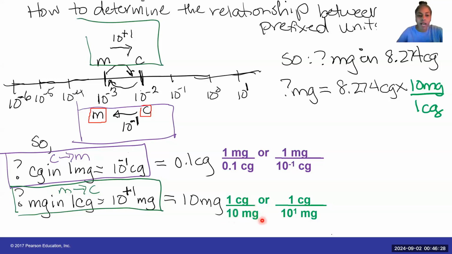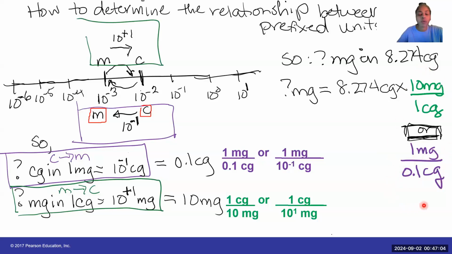So writing it in this way, notice that I put the 10 milligrams on top and the 1 centigram on the bottom. All of these equal the same thing. It just matters which direction you are writing the conversion unit. Alternately, we can write it in this way, that 8.274 centigrams times 1 milligram over 0.1 centigrams, right?